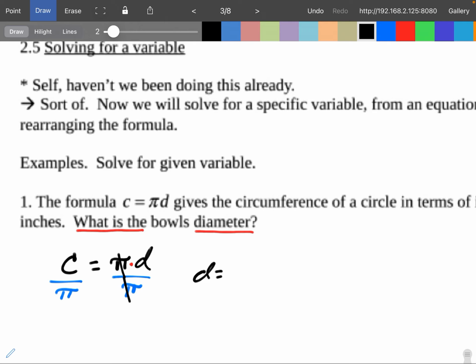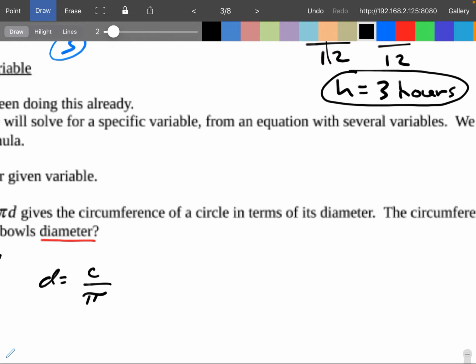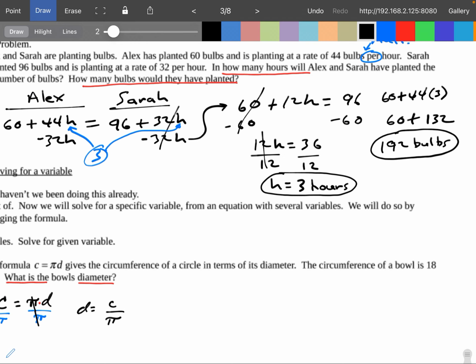So let me get this out of here. You're going to end up with D is equal to C over pi. Then in this one, they told you the circumference is 18 inches.